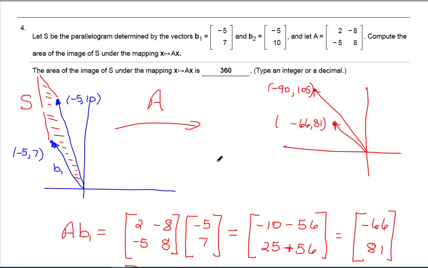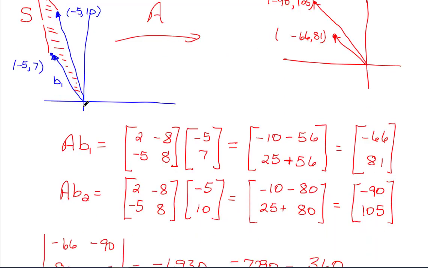The first way, I took A and I applied it to both B1 and B2 just to see where it went. So what happened to minus 5, 7? Well, it went to minus 66, 81. And minus 5, 10 went to minus 90, 105.